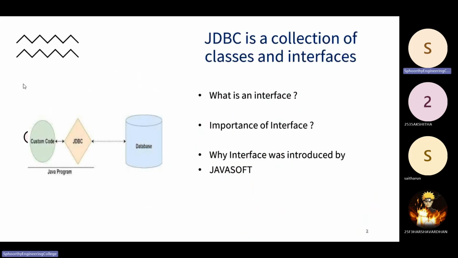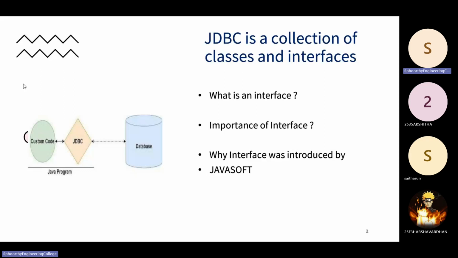Now, what is JDBC? JDBC is a collection of classes and interfaces. If you observe the diagram, on the left side is our custom code, which is nothing but our program, and on the right side you have a database.